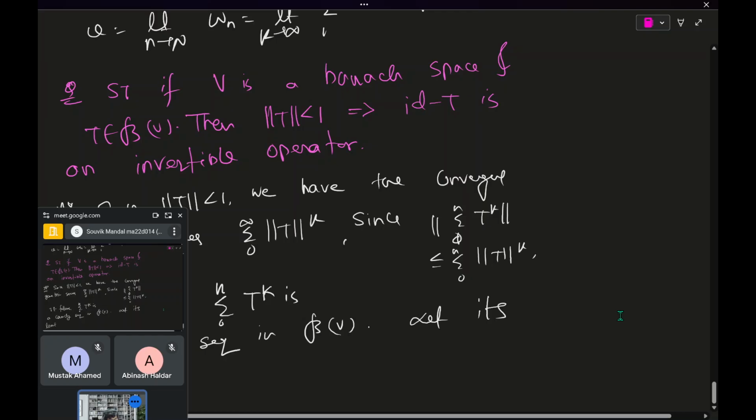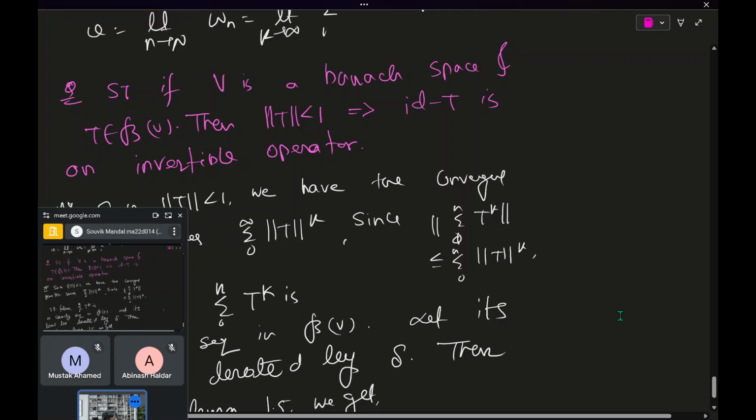And applying Lemma 1.5, we get identity minus T composed with S is equal to identity minus T composed with the limit as n goes to infinity of the summation from 0 to n of T to the power k. This is equal to the limit as n goes to infinity of identity minus T composed with the summation from k equal to 0 to n of T to the power k. This is equal to the limit of identity minus T to the power n plus 1.